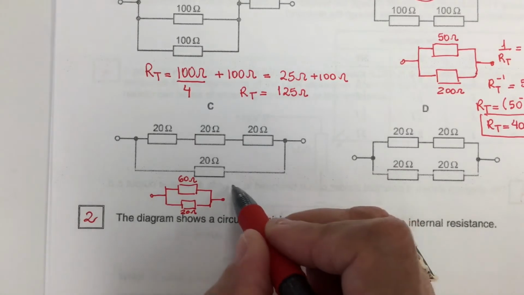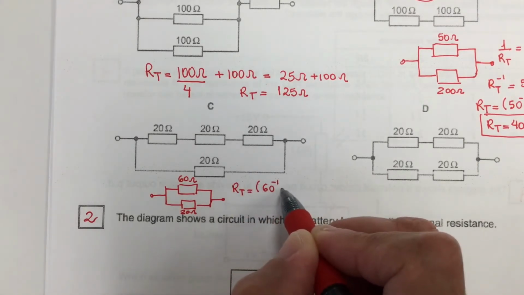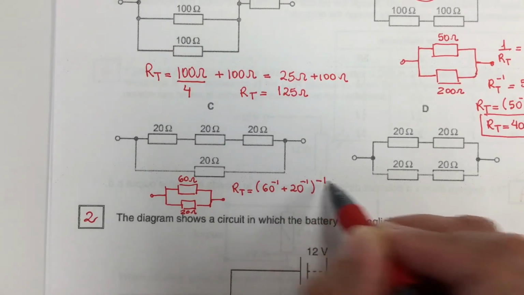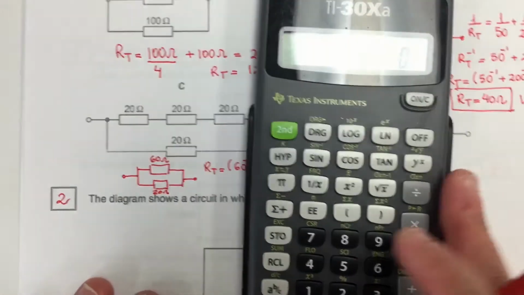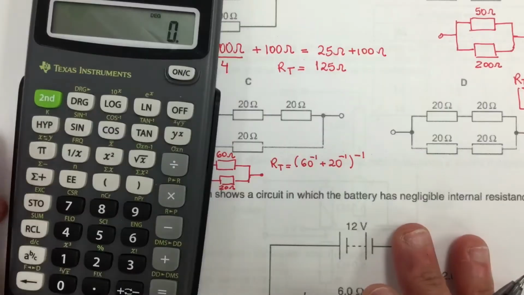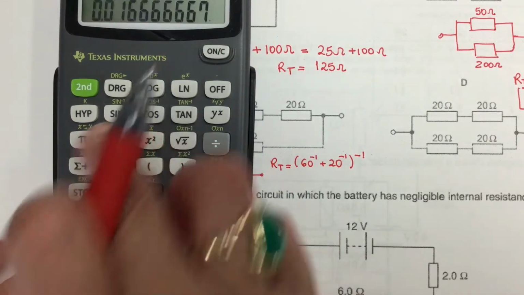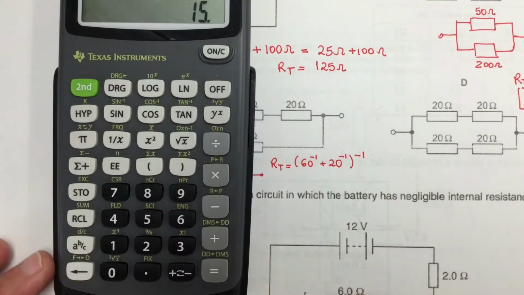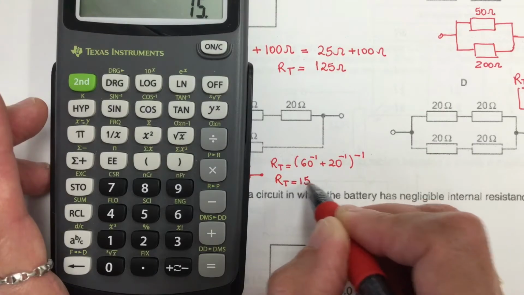So now we have 60 inverse plus 20 inverse and the inverse of all this. In our calculator, 60 inverse plus 20 inverse equals inverse. So this is 15 ohms.